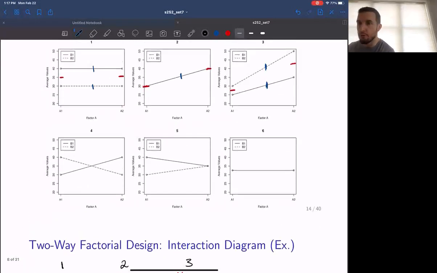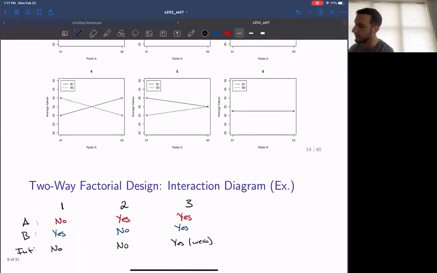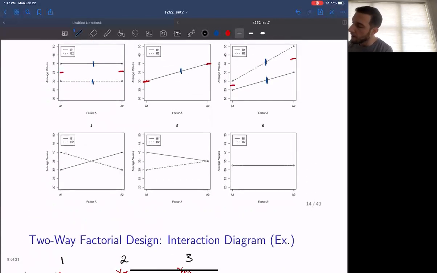In diagram 2, we have the same system of assessment. So the average of A2 is at 40. The average of A1 is at 30. That indicates a main effect for factor A because those values are not equal. So here we have a yes. For B1 and B2, the average is the same value, which is 35.